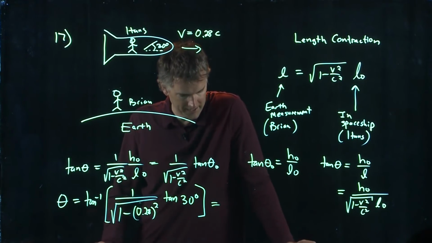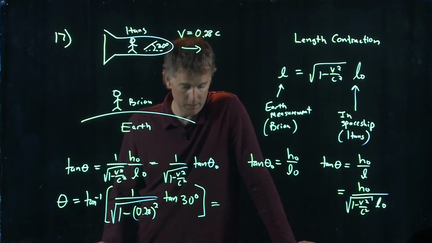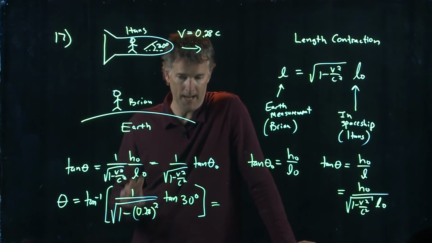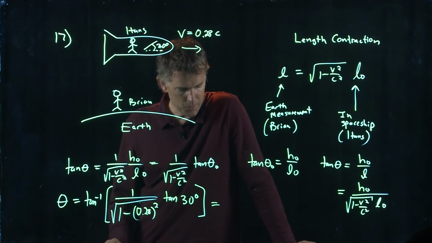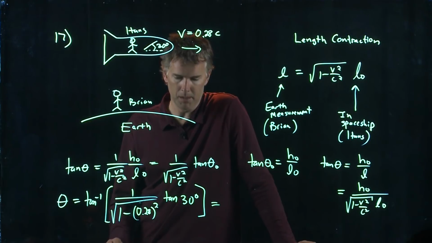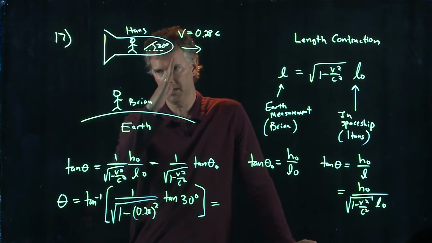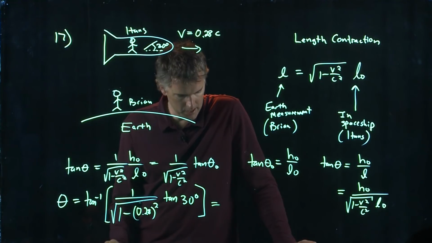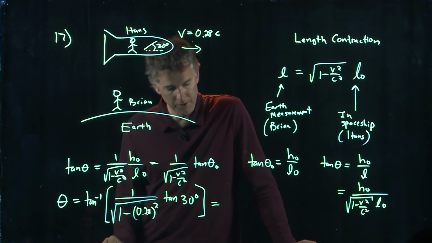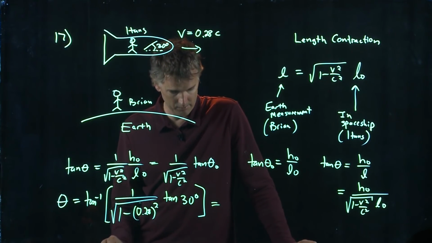Okay, a few of those answers don't make any sense at all. 30 degrees doesn't make any sense because we know the angle is going to change. 29 degrees doesn't make any sense because we know that it's going to get steeper. So the other options are 31 degrees, 33 degrees, and 90 degrees.